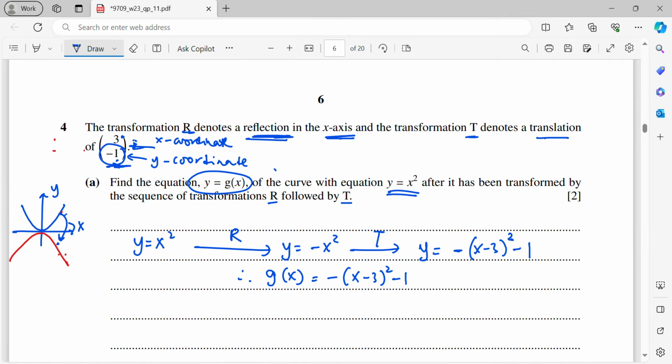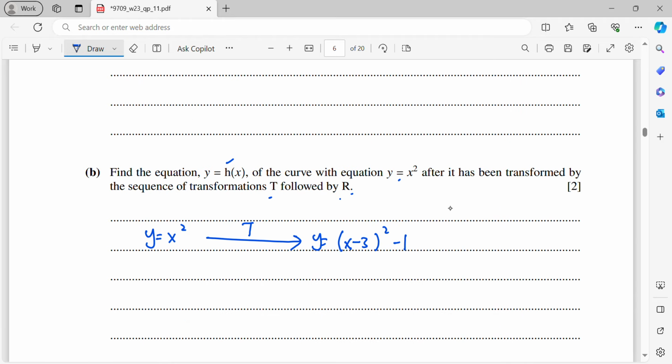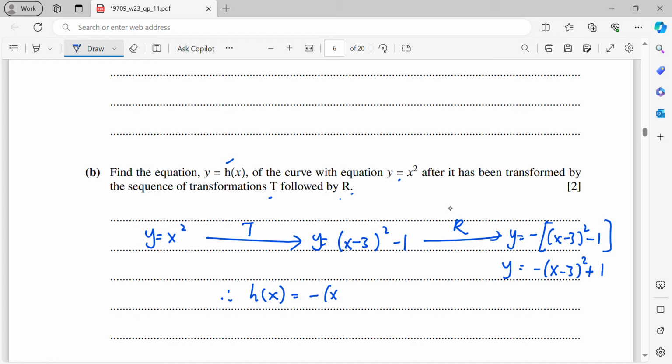After R, your y is the negative of the existing function. So I will write negative of (x minus 3) squared minus 1, that is, the negative of (x minus 3) squared plus 1. So my h(x) will be negative (x minus 3) squared plus 1. Okay, done for part B.